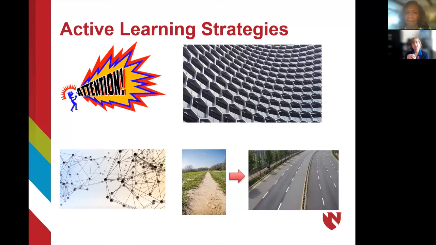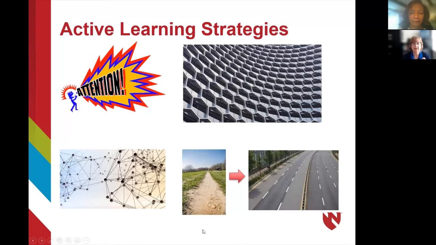Then learning requires repetition. So I need to provide some type of practice in these active learning strategies, hopefully taking content and applying it to the real world or a simulation of what's happening in the real world. And then to create those large schema or those large chunks of information so that they're bringing in lots of factual information with a memory instead of just small amounts, we need to help them create connections.